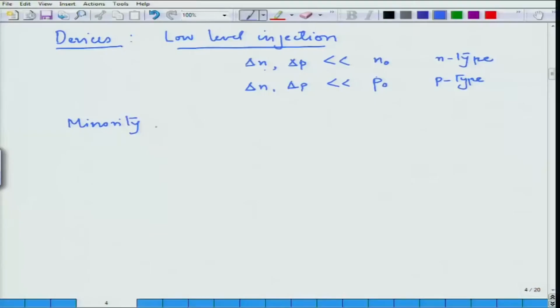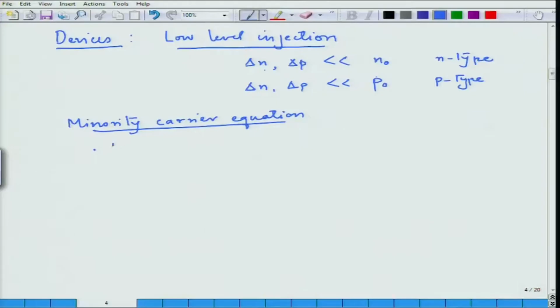So, our analysis is getting limited to the minority carrier equation, and in the simplified form from the general continuity equation we are going to make certain assumptions.